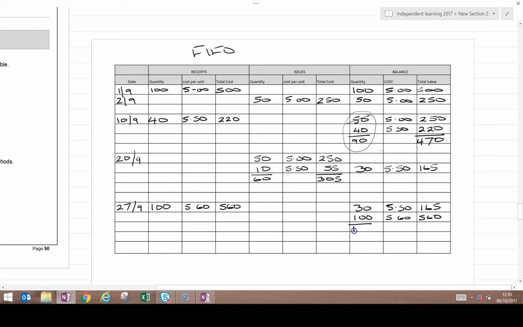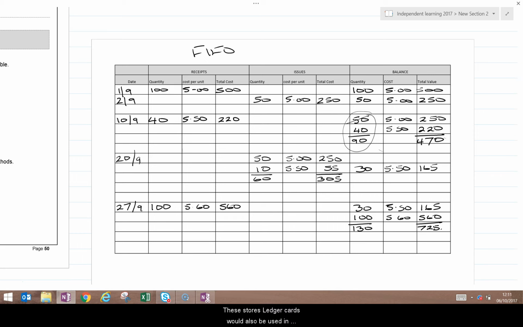So in total, 130 units, valuation of 725. So there we have our stores card. So by keeping a running balance at any time during the course of the month, we can just look at this card, see how many units we have in stock, and see what the valuation of those units are.